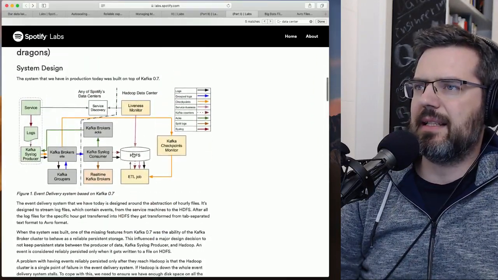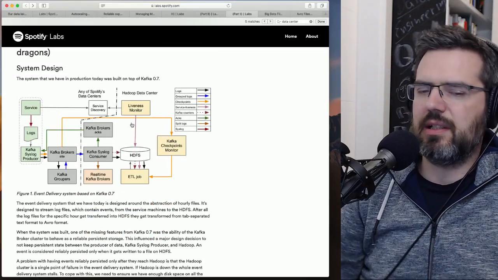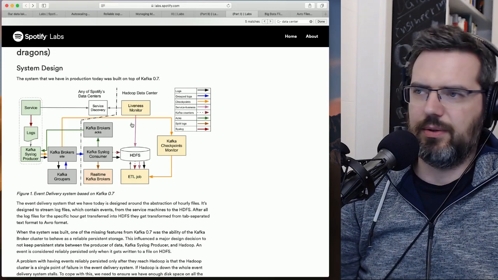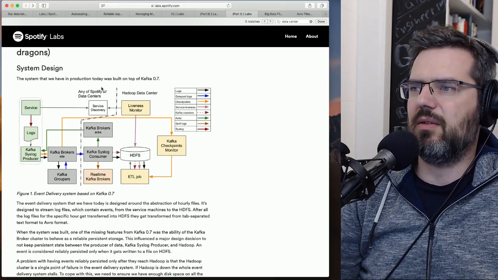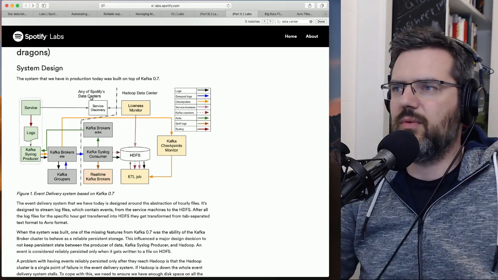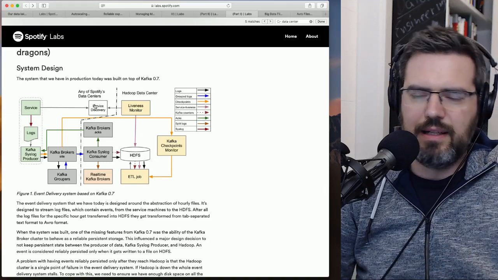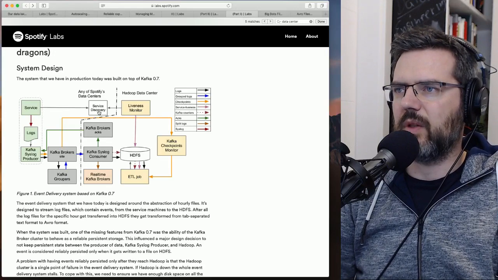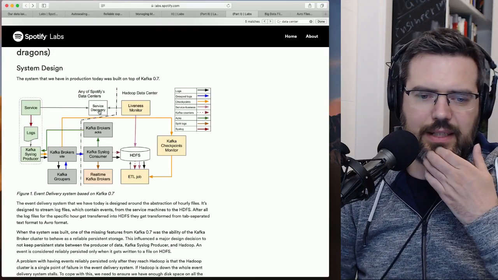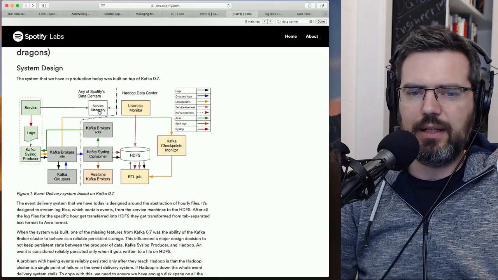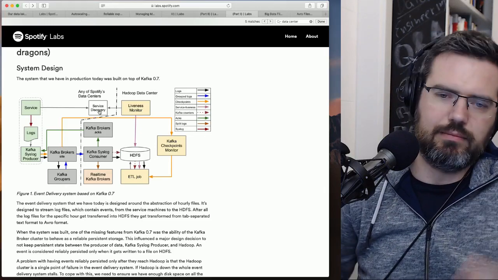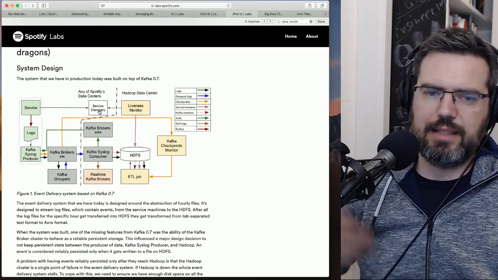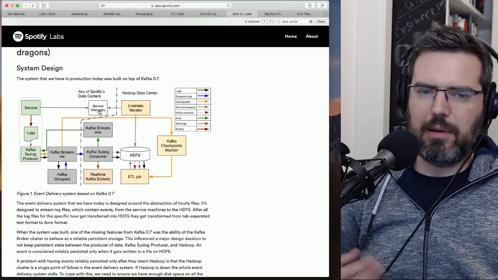One thing is, this is not a crucial part of the platform, as you can see. If this goes down, then the logging doesn't work, or Discover Weekly doesn't create a new playlist, or the discovery playlists are not getting created in this hour, and the old ones stay up another hour.